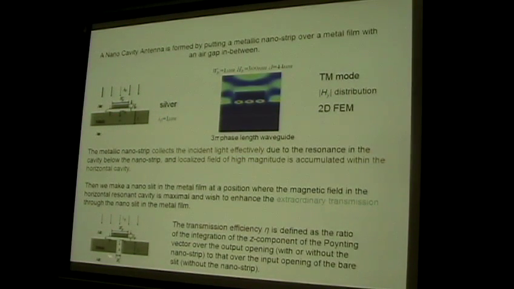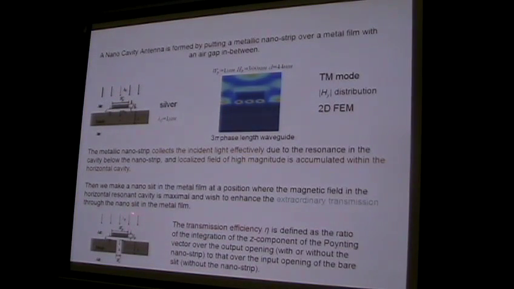So the structure is actually given here. This is the holes, nano holes. We expect extraordinary optical transmission. However, this transmission is still not enough for some other application. For example, like nano detectors.